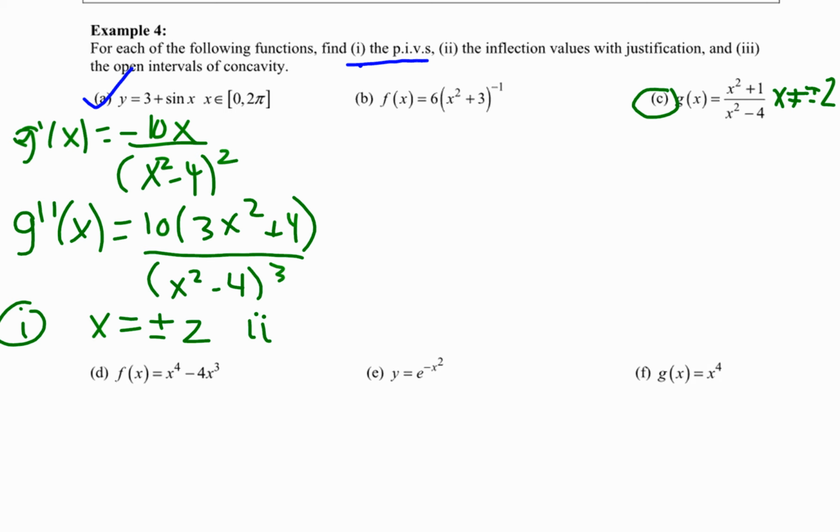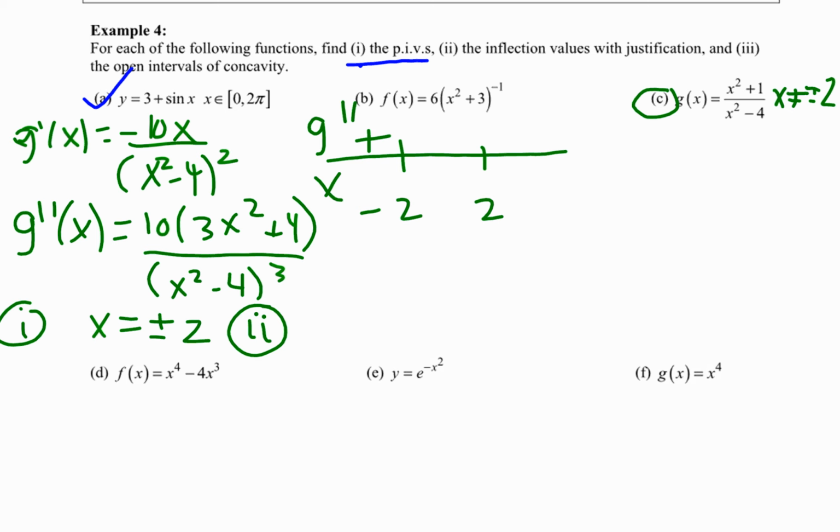Part 2, because the numerator won't equal 0, it's always positive. If we draw our graph here, negative 2, 2, we're checking the sign of g double prime. It looks like it is positive, negative, positive.